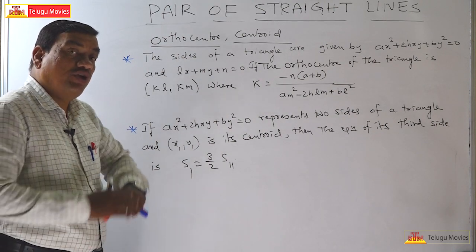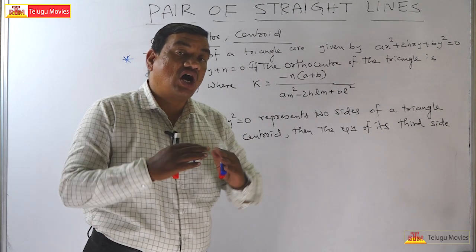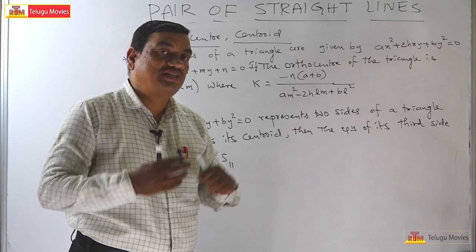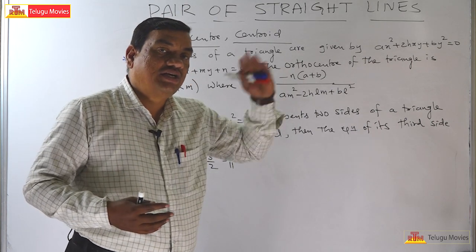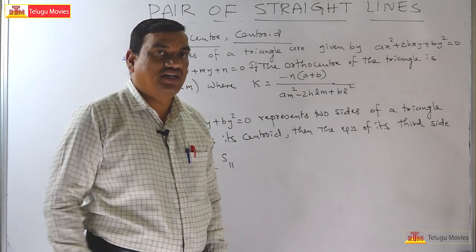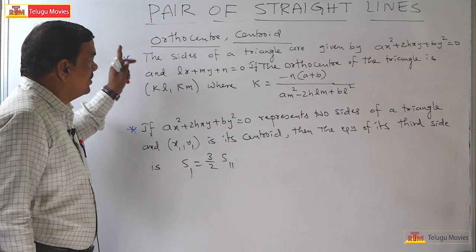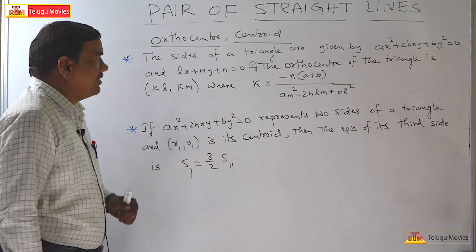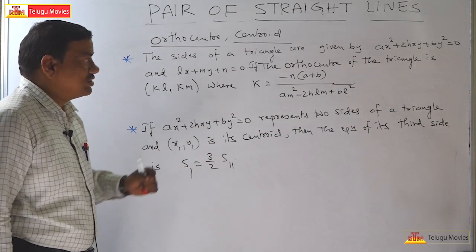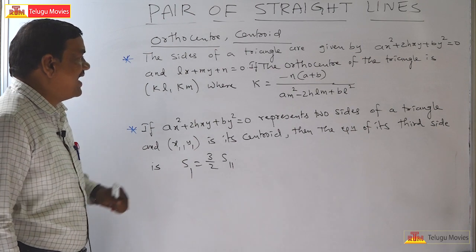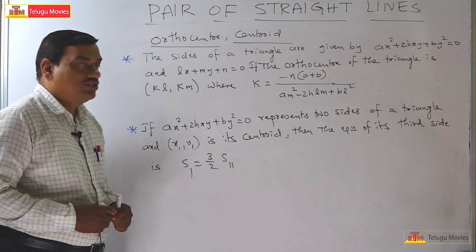Orthocenter and centroid. I already defined what an orthocenter, centroid, circumcenter, incenter and excenters are in the previous chapter, straight lines. Here the sides of a triangle are given by ax square plus 2hxy plus by square is equal to 0 and lx plus my plus n is equal to 0.